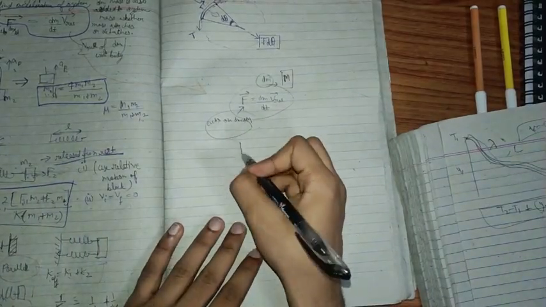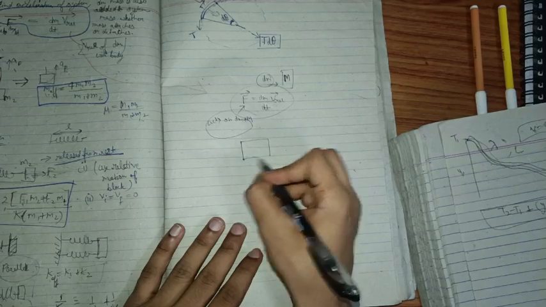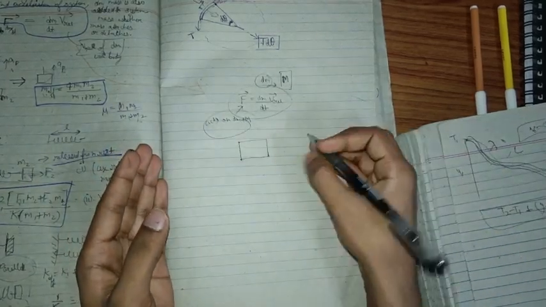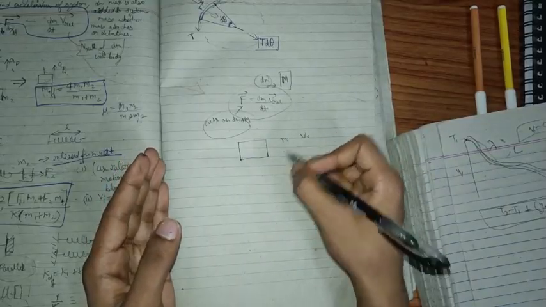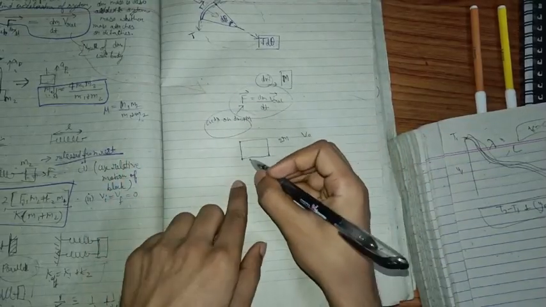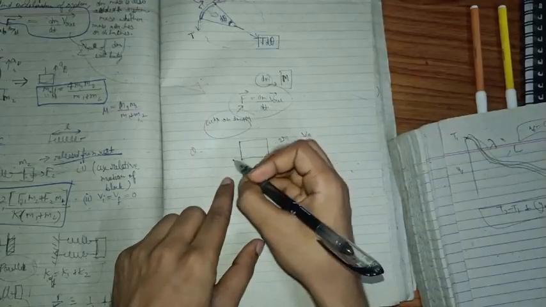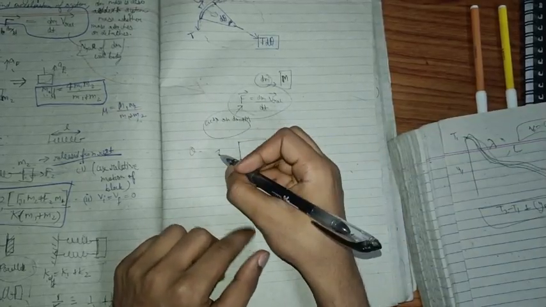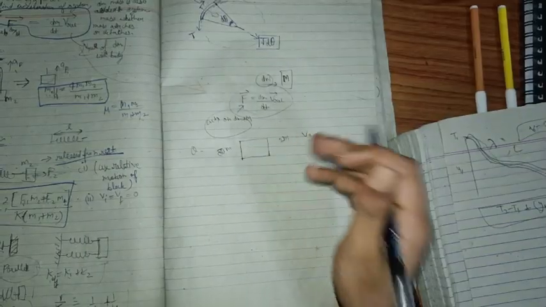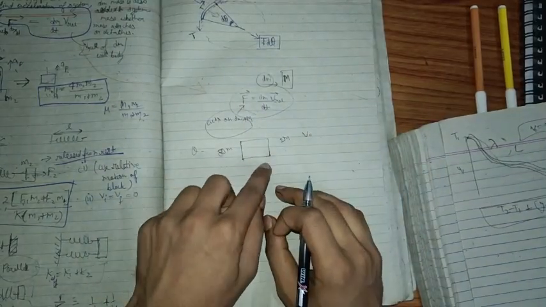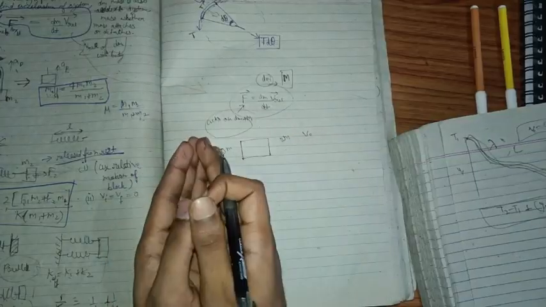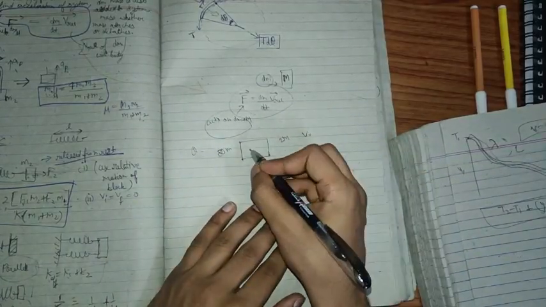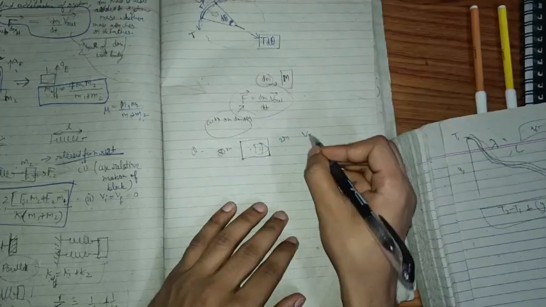For example, let's say there is a gun, and relative to the gun, the bullet is fired with a velocity, let's say v naught, and the bullet has some mass, let's say 2m. The total mass of the gun including the bullet initially was 80m, but after the bullet gets removed, its mass becomes 78m, and relative to the gun, the bullet speed is v naught.